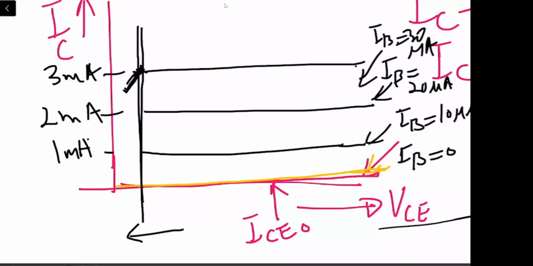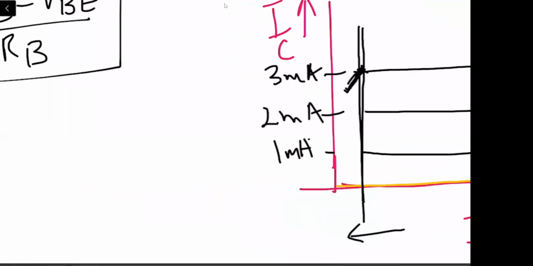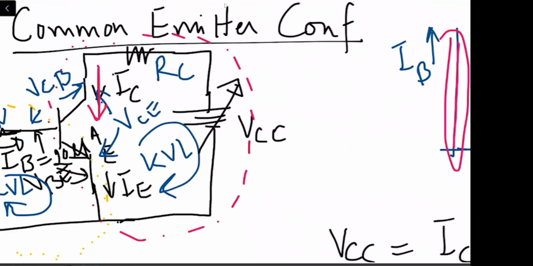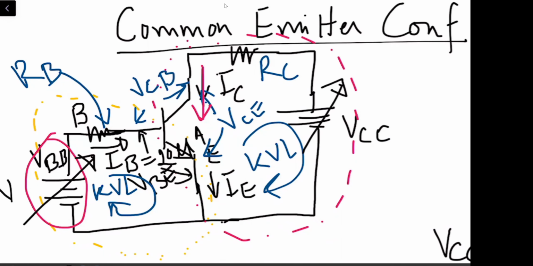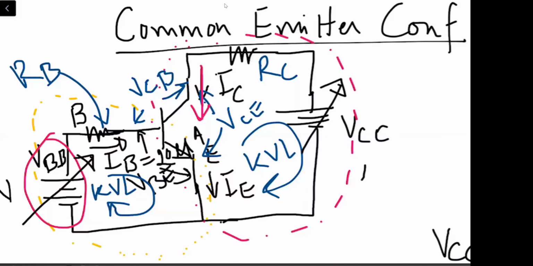Now let's get back to the circuit over here. In the circuit, if you see what we have, the potential, if I say VCC is equal to 0, what does this mean?